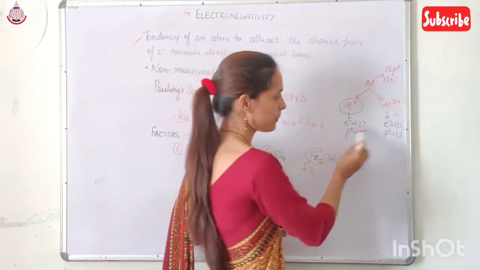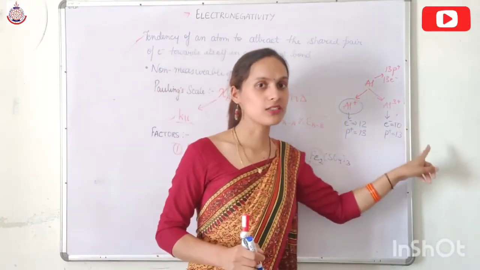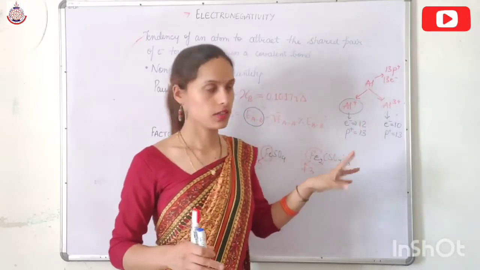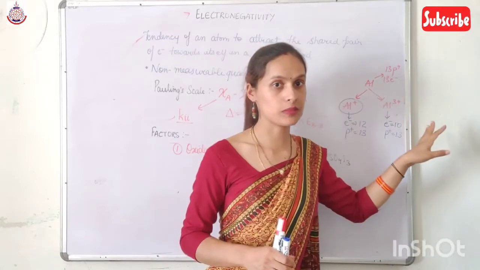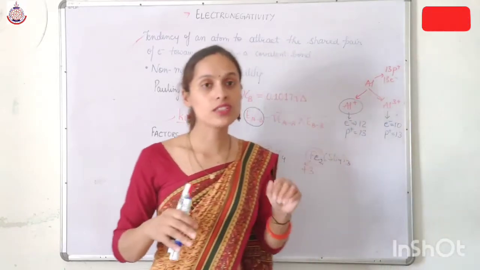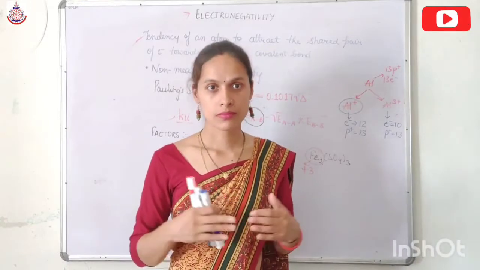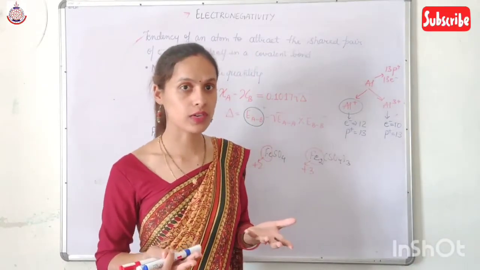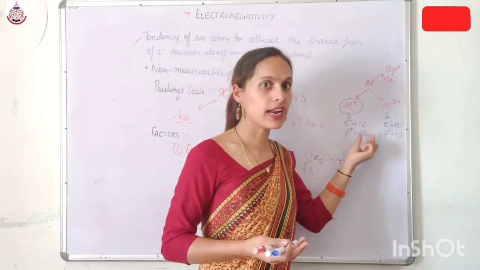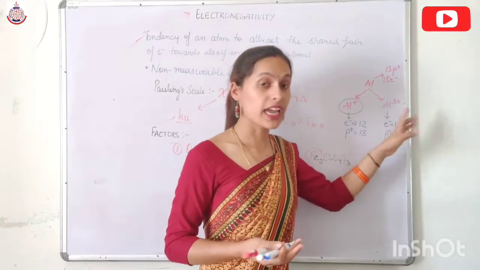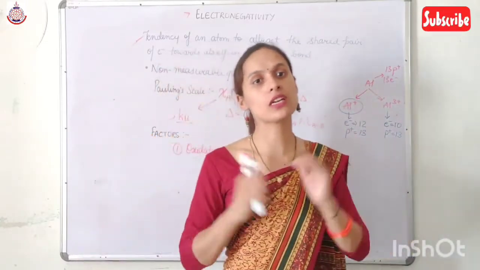Now, if we compare these two, in which species, either Al+ or Al3+, do we get stronger nuclear force of attraction? Here we have 12 electrons held by 13 protons. Here we have only 10 electrons, and for 10 electrons also we have 13 protons.